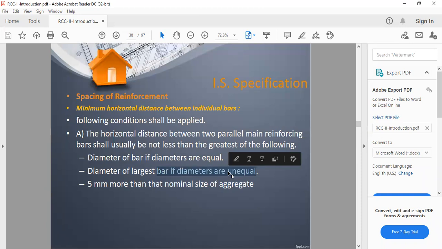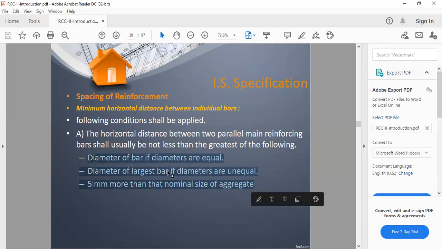So there may be sometimes that you are going to provide bars of different diameters. Then 5 mm more than the nominal size of aggregate. So what kind of aggregate you are going to use in the concrete? What is the size of that aggregate? In that case, just add 5 mm more. These are the three parameters.